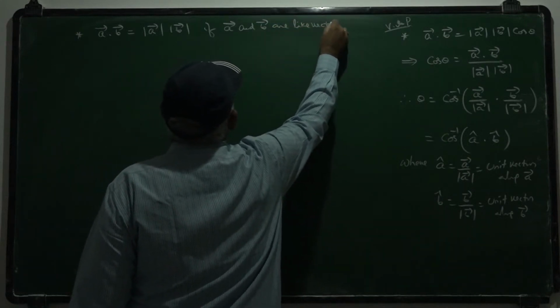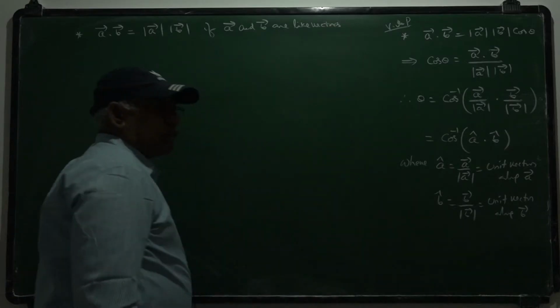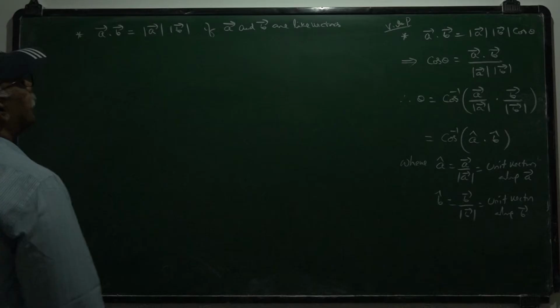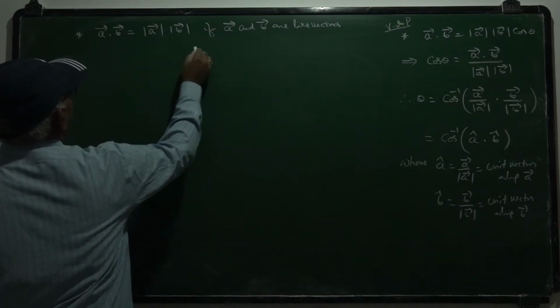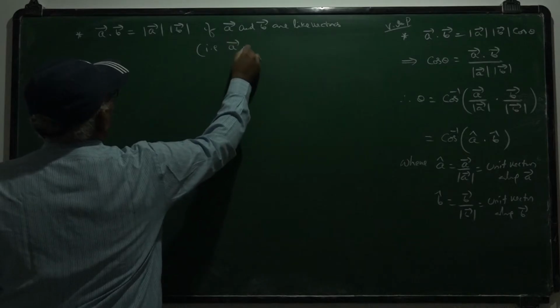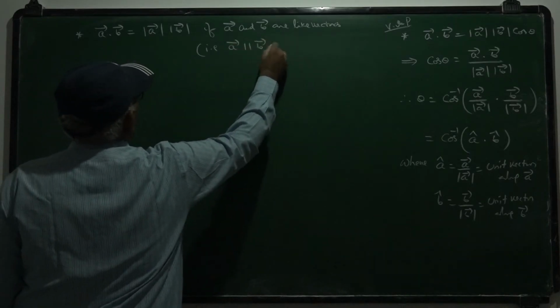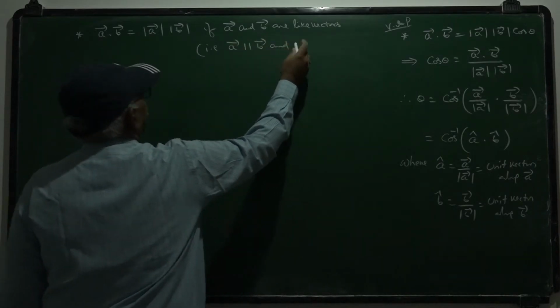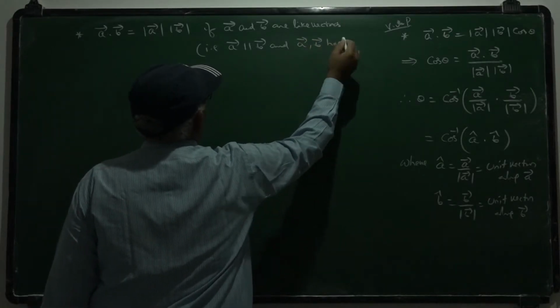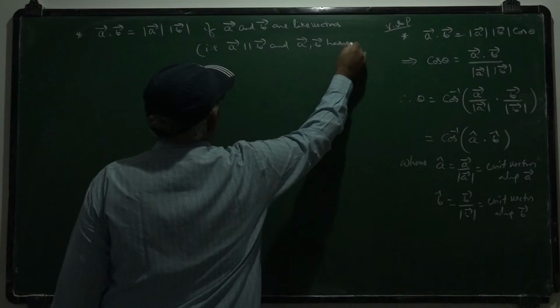Like vectors means the vectors which are parallel and having the same direction. That is, A bar is parallel to B bar and A bar, B bar have the same direction.